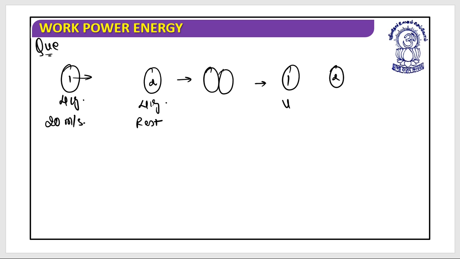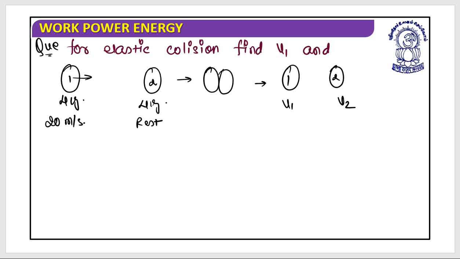This is v1, this is v2. As we have discussed, this is for elastic collision, and the question says for elastic collision find v1 and v2. This is what we require.